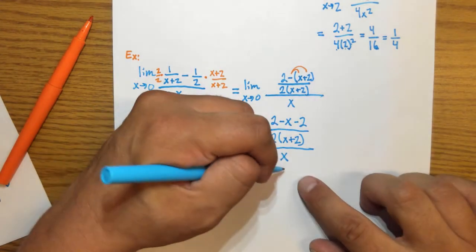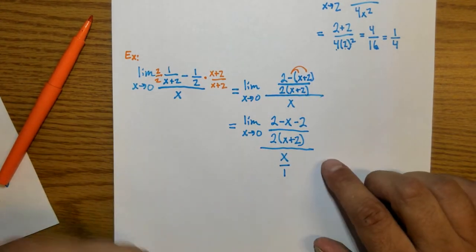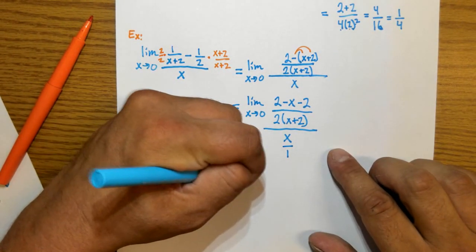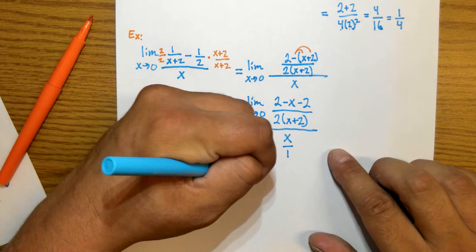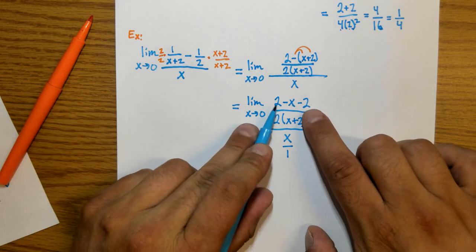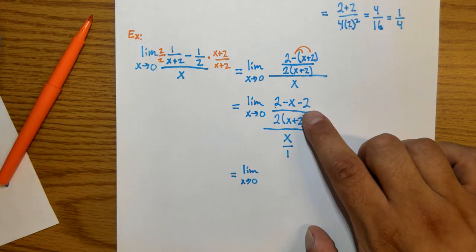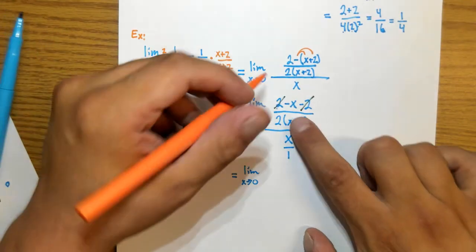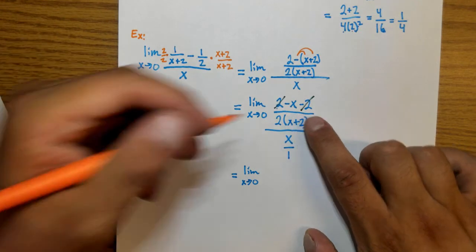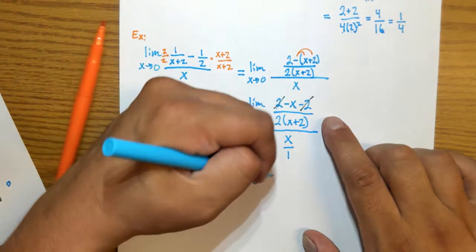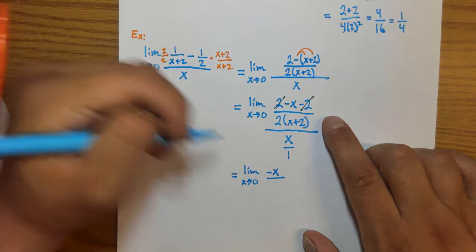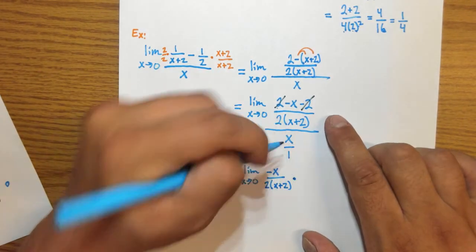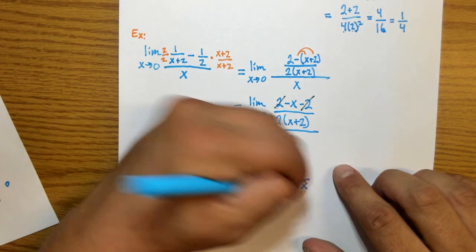So again, we're dividing by this thing like x over 1, so let's multiply by its reciprocal to get the limit as x approaches 0 of, and look what happens here. 2 and negative 2, they're going to cancel out. So all we have left is negative x. So we're going to have negative x divided by 2 times x plus 2 times the reciprocal of this, 1 over x.